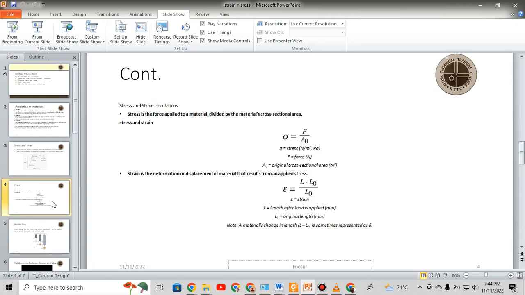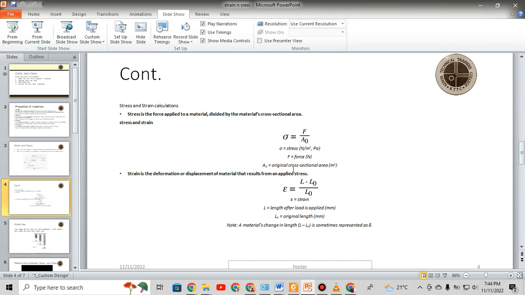The next slide will show you the formula of stress. Stress is the force applied to a material divided by the material's cross-sectional area. So this is the symbol of stress, and stress is equal to force over area. The SI unit for stress is Newton per meter squared.